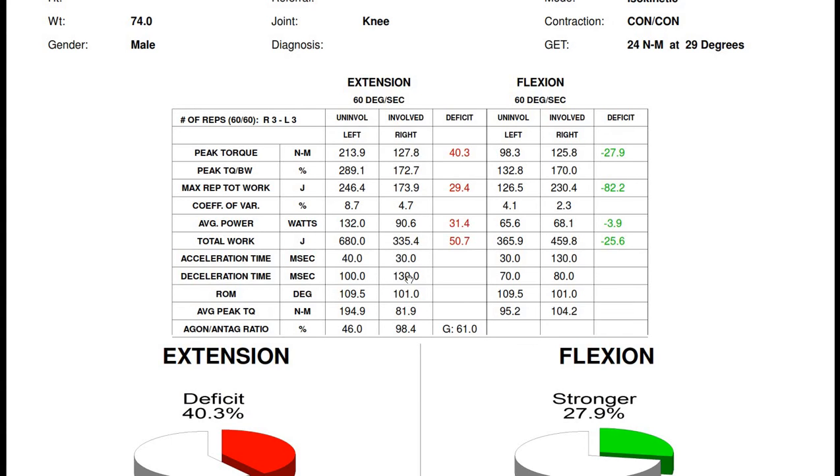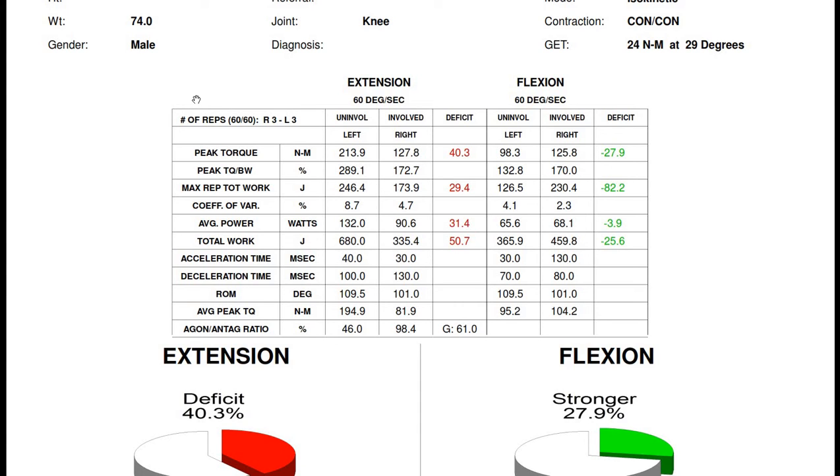Acceleration time, deceleration time, nothing too much to worry about there. The total work, average power are showing the same thing. It's very consistent. This is a very reproducible test. This is good. In fairness, the coefficient of variance does change depending on the speed of the test, the angular velocity.